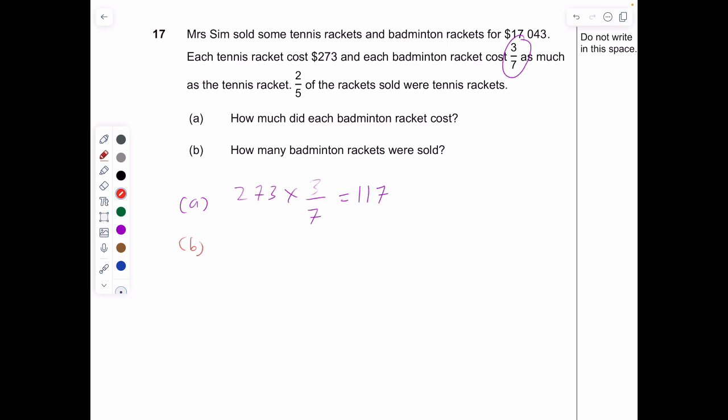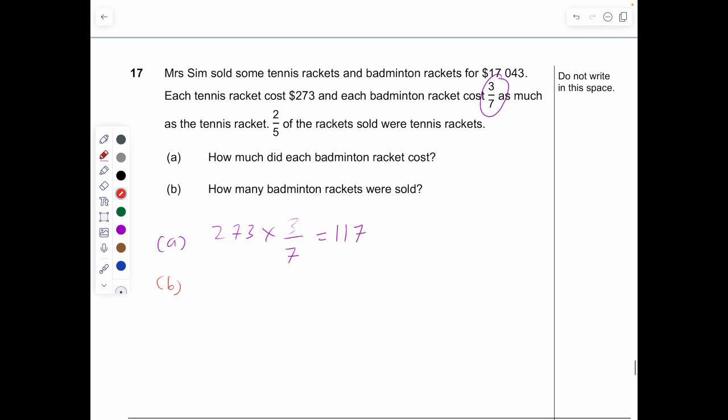So over here, to solve this question, we know that in total, 2/5 of the rackets sold were tennis rackets.